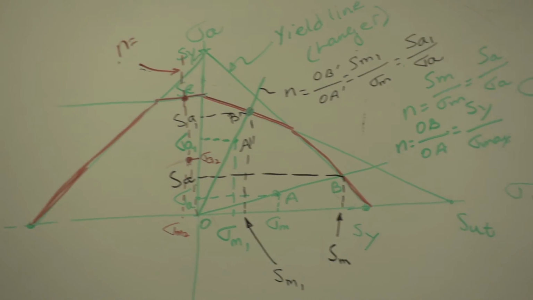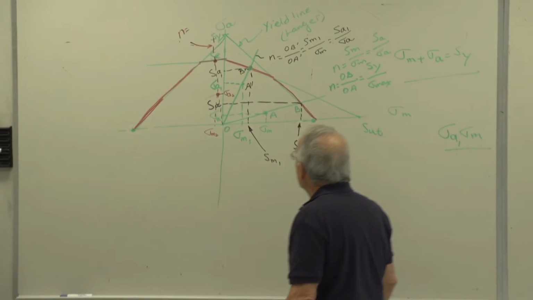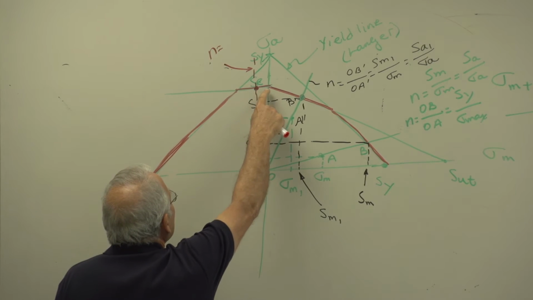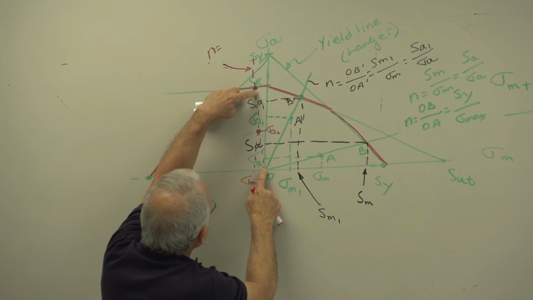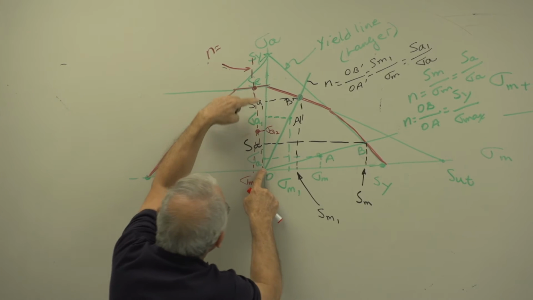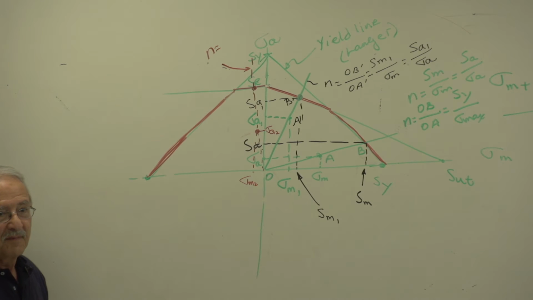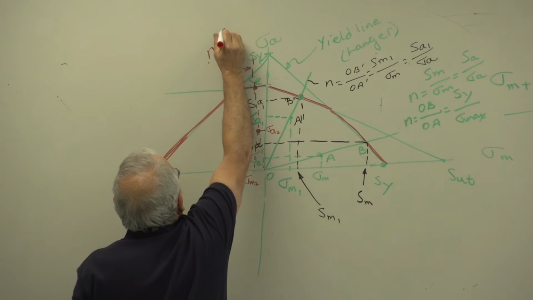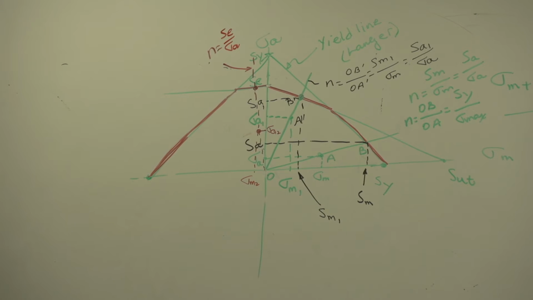You mean SM2, but I don't have an SM2. Notice this is just straight like that, right? Factor of safety is that distance divided by that distance. Agreed? Is that not the same as this distance divided by that distance? So factor of safety is equal to SE over sigma A. Agreed?